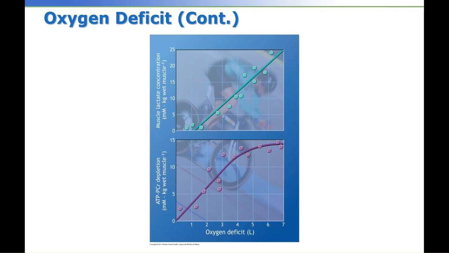This here shows the oxygen deficit, with muscle ATP and PCR depletion and muscle lactate concentration plotted versus oxygen deficit.